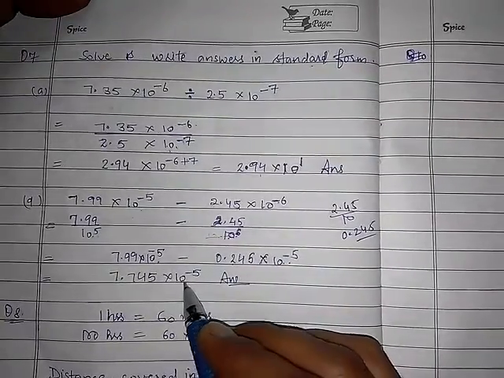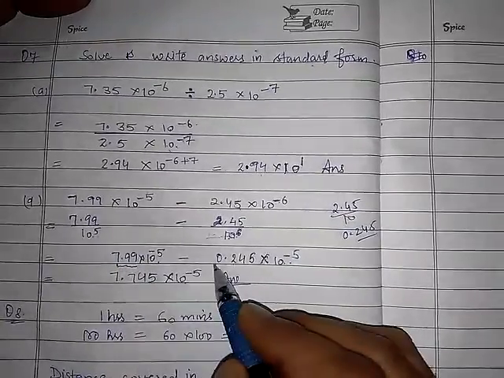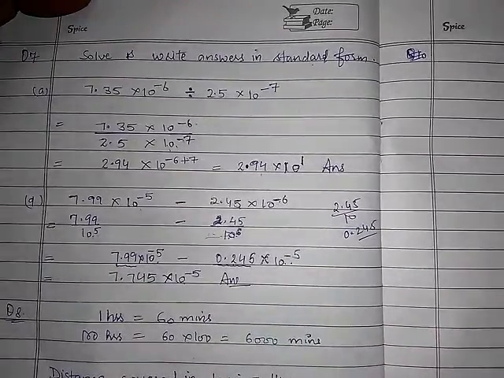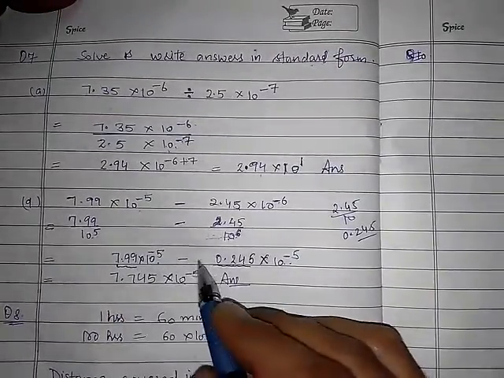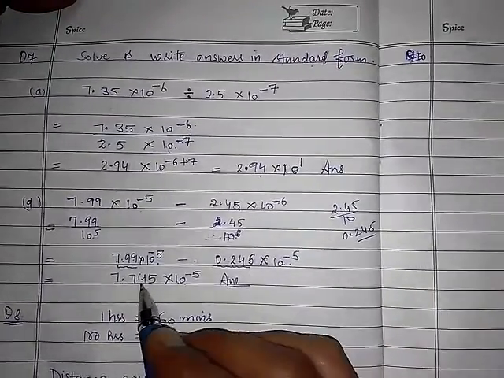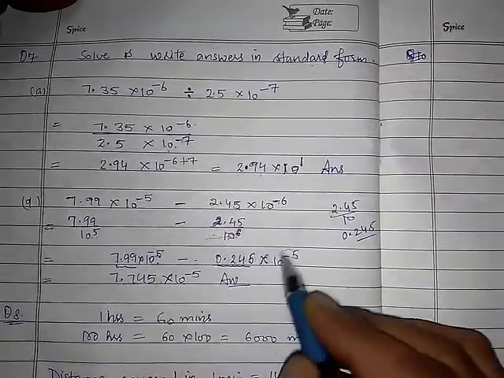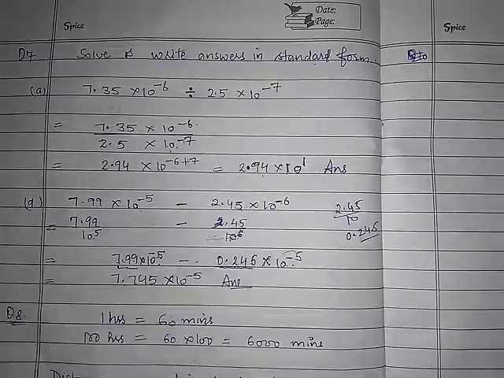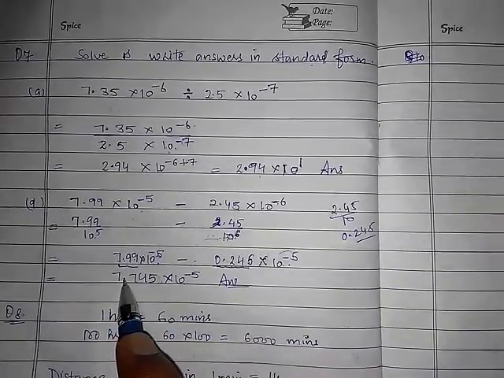Now take out this common, that is multiply by 10 raised to the power minus 5, and these numbers can be subtracted with the common method, right? 7.99 minus 0.245 will give you the answer 7.745, multiplied by 10 raised to the power minus 5 as it is. Clear? Now you can check the position of the decimal. That is after one digit.